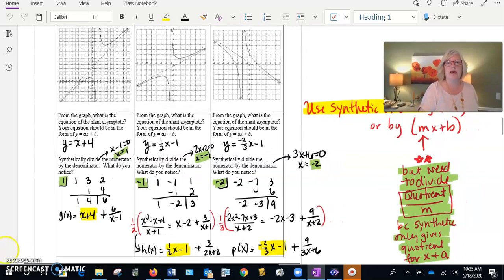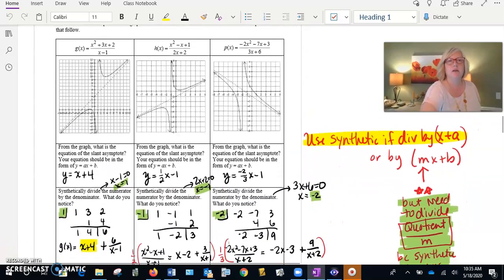We took a look at dividing out these rational functions. Notice that the denominator is linear. When the denominator is linear, you can divide the denominator into the numerator by using synthetic division.